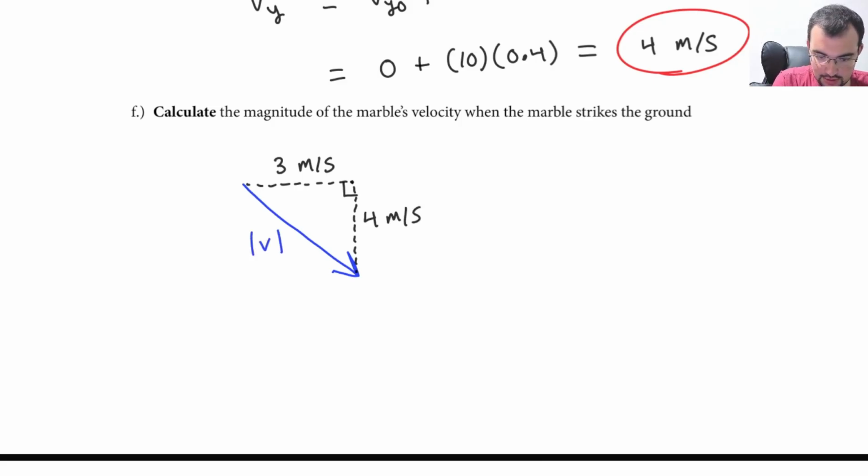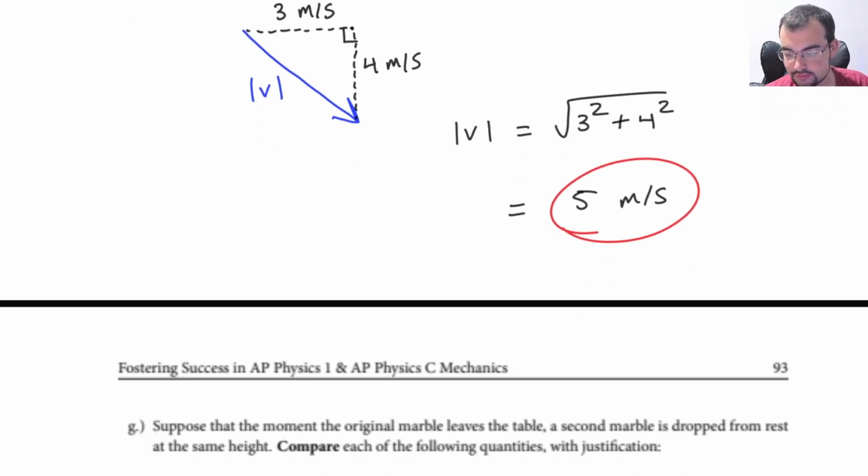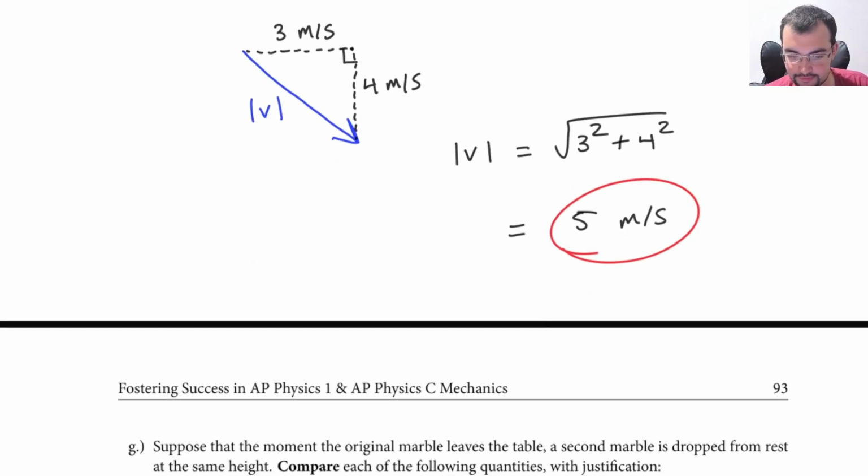And anytime you see those numbers, we know what's coming next if it's me that's writing this. So the magnitude of the velocity vector is just the square root of the sum of the squares. It's our favorite, our beloved, the 3, 4, 5 triangle. This is not our last 3, 4, 5 we'll see today. I went through a lot of triples already.